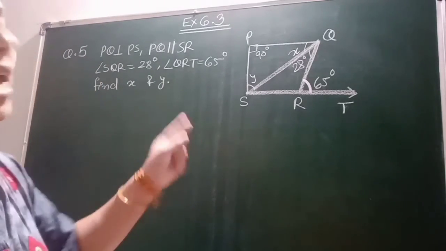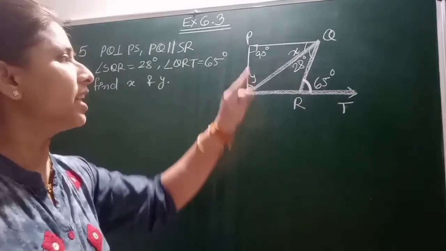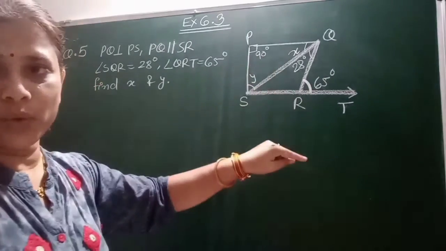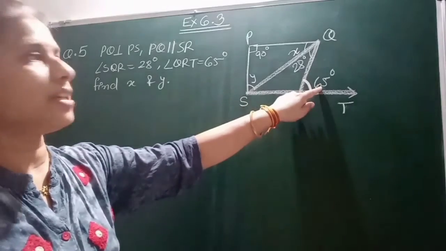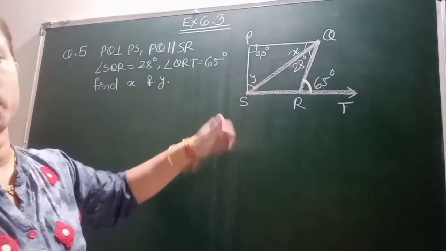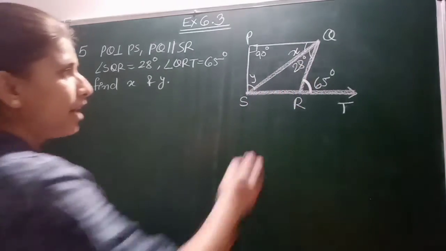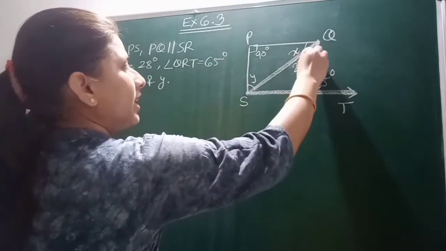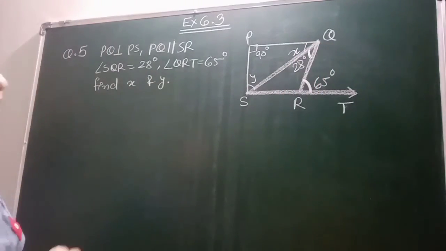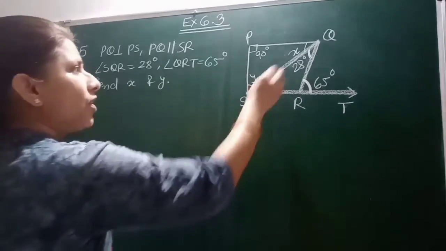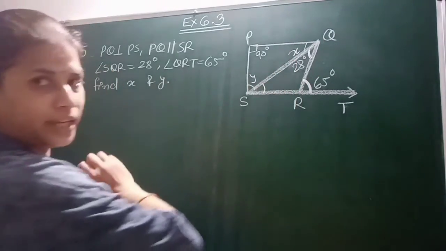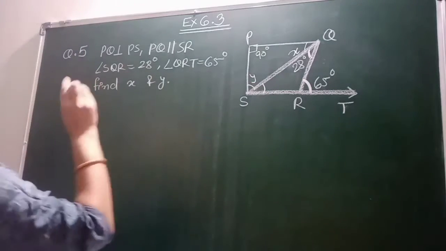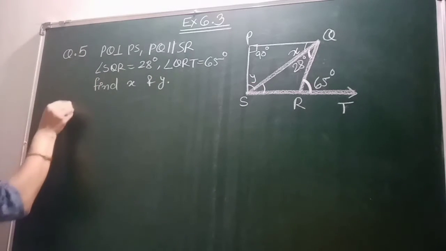So we will apply the exterior angle property. As we know, by the exterior angle property, the exterior angle is equal to the sum of the two opposite interior angles. One interior angle is 28 degrees and the other angle is QSR. Okay, let's start the solution.